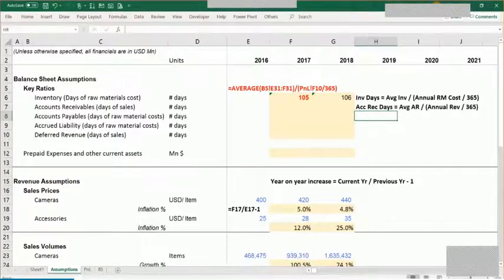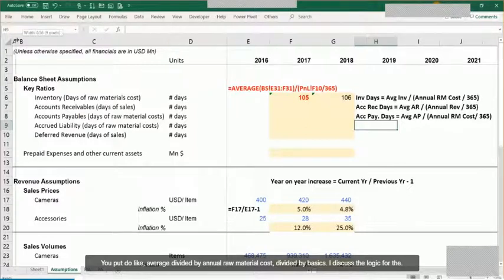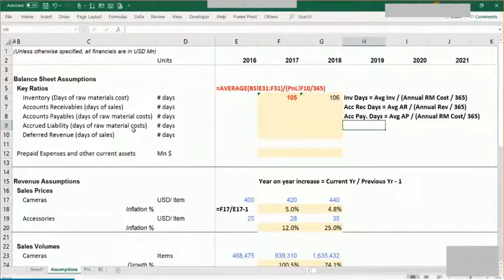Accounts payable, you could do like this: average AP divided by annual raw material cost divided by 365. I've discussed the logic for the first formula. The logic for the remaining would remain the same.